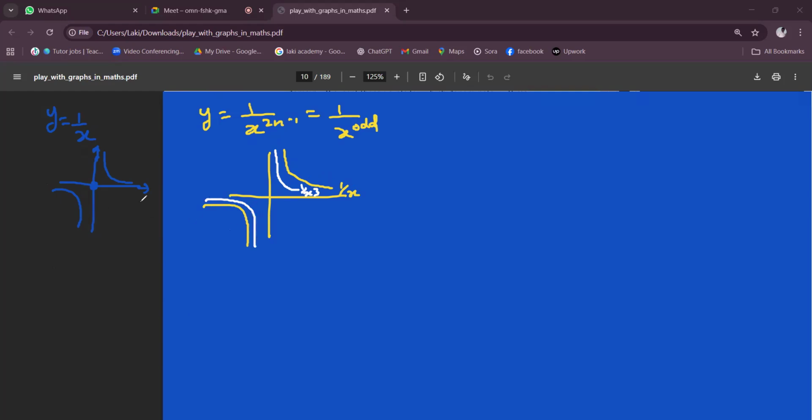Now suppose you want the graph of 1 upon x raised to 5, because x raised to 5 is also an odd number, it is always close to the y-axis, right? Like this. So the general graph of 1 upon x raised to odd is like this, right? Note this. Understood?